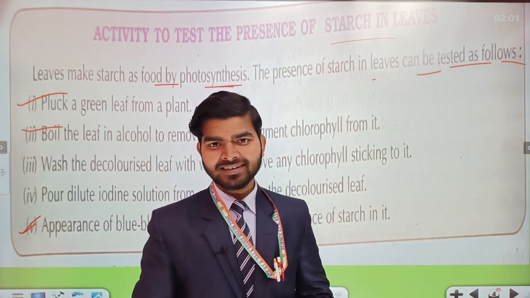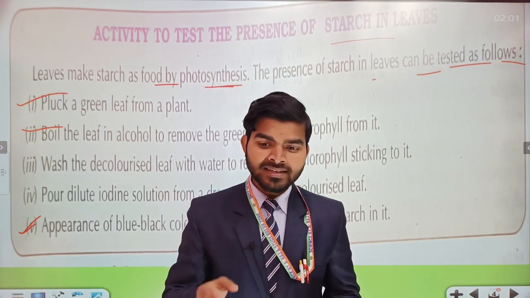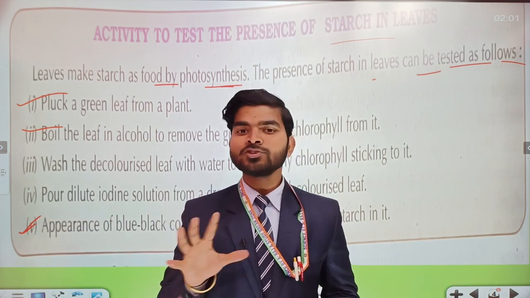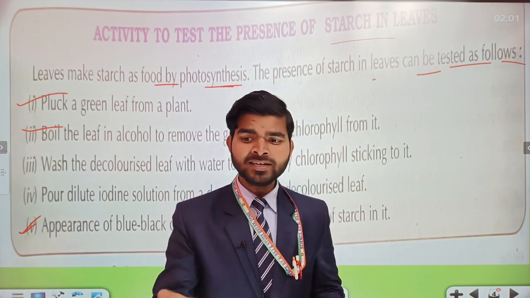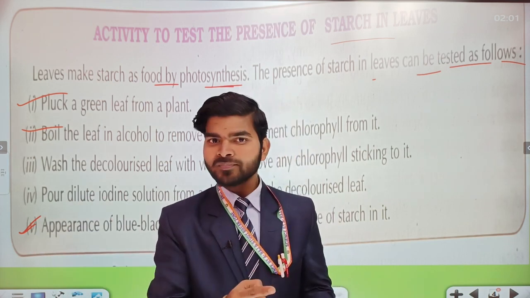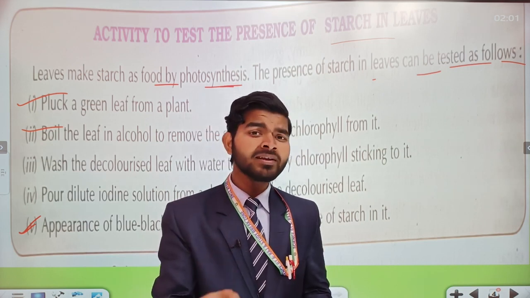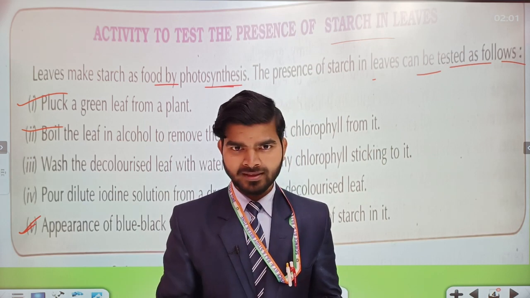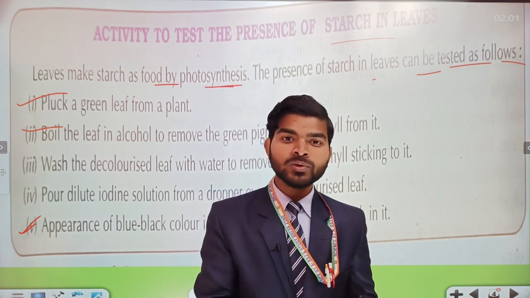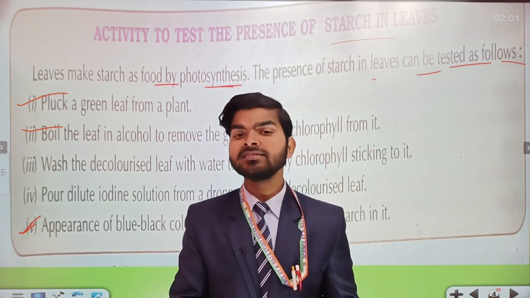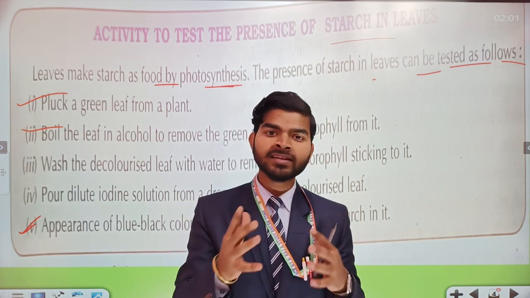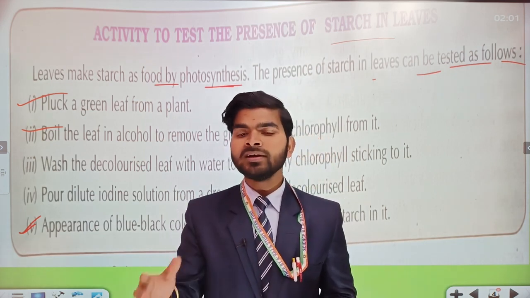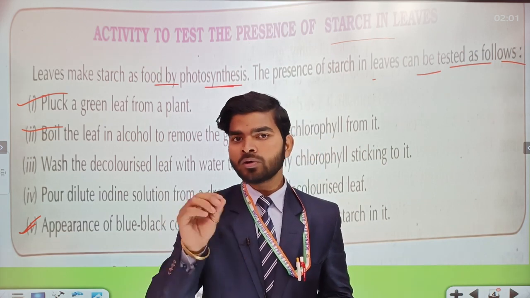So what I'm saying is that you must remove that green color of the leaf. So how can you remove it? You need to remove chlorophyll. Then you can remove the green color of the leaf. So that's why I'm boiling the leaf in alcohol, in order to remove the green pigment called chlorophyll.